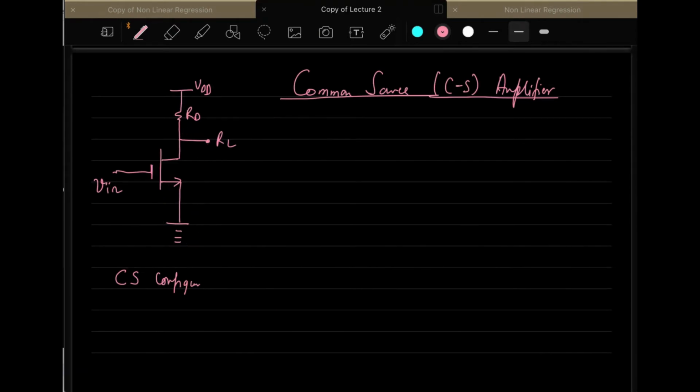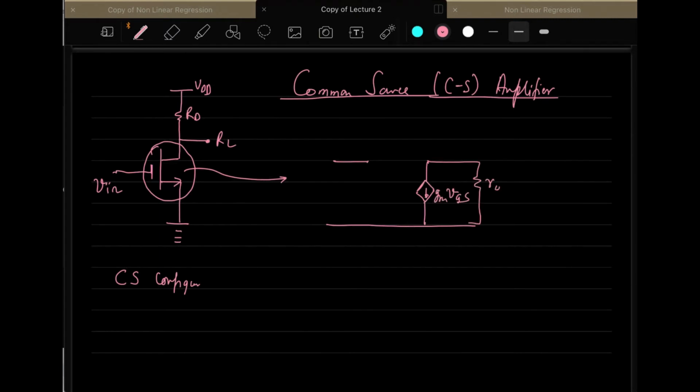One thing more I want to discuss is that you replace this particular thing by a model like this. Then you want to characterize this in terms of the input resistance, output resistance, and the voltage gain these transistors offer.